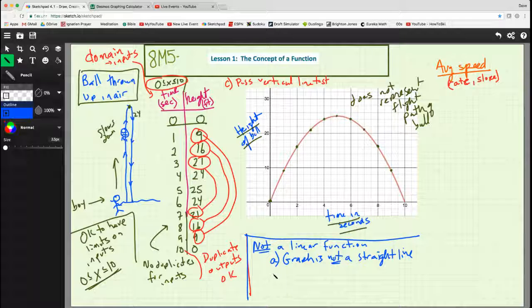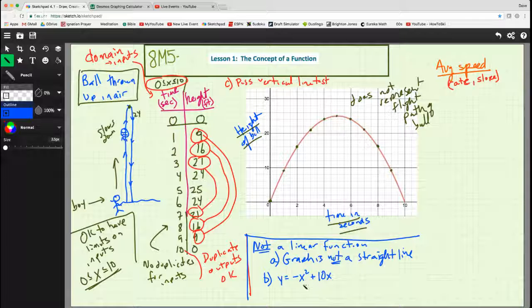Now B, I'm going to show you something real quick, and it's that this function is modeled by this equation. So this is my algebraic representation of this graph. And remember what we said about linear functions.